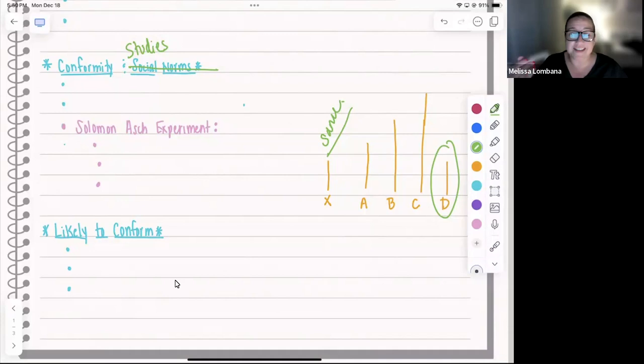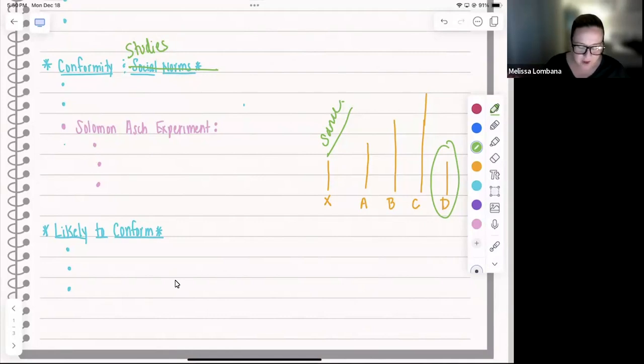Okay. The next one also, we're more likely to conform when we look up to the group's status or attractiveness. So if we're hanging out with someone that we believe is super popular and cool, we will be more likely to conform to those behaviors.